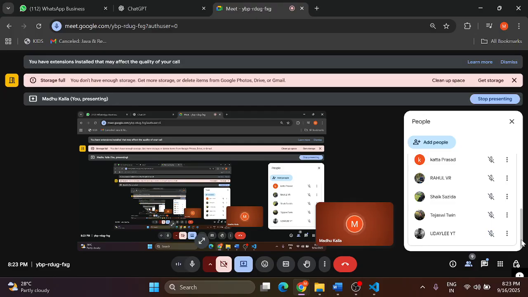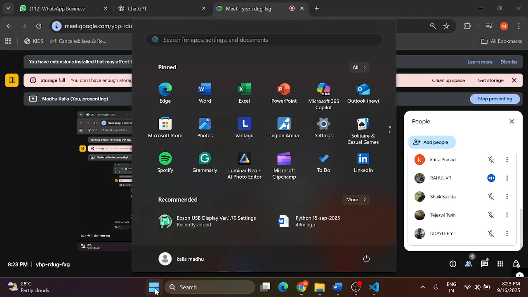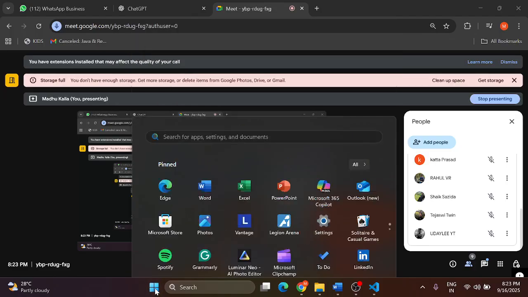To say it in an easy way, what software do we use to run the computer? OS, sir. Operating system, right? At present, in my computer, I'm using the Windows operating system.